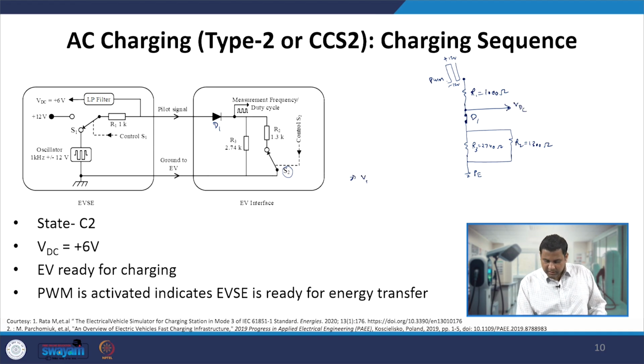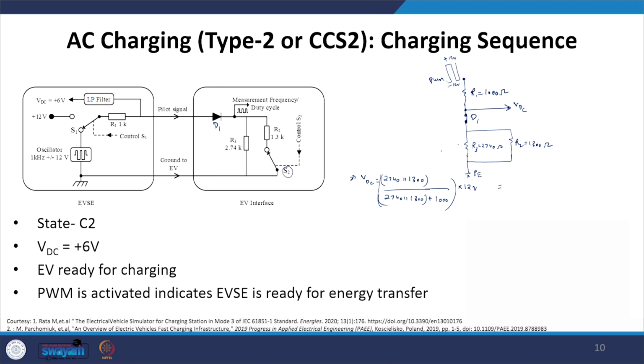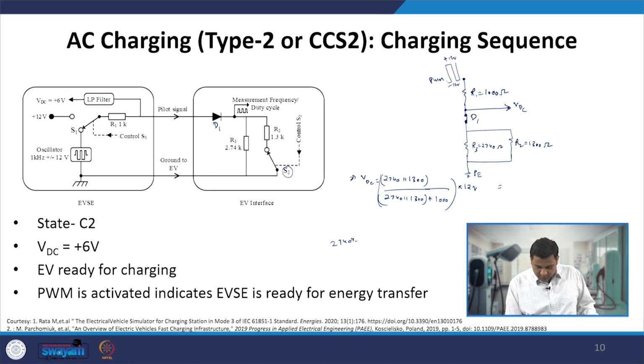So the VDC voltage will be equal to, if we do the basic resistor divider, 2740 in parallel with 1300 ohm, divided by 2740 in parallel with 1300 ohm plus 1000, and this multiplied by 12 volt, because the negative will not come into the picture because diode D1 gets reverse biased. 2740 parallel 1300 is 2740 times 1300 divided by 2740 plus 1300, which is nearly 882 ohm.